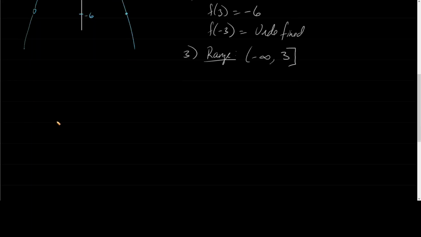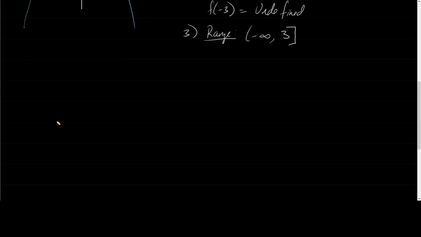Let's talk a little bit more about other aspects of a graph of a function. So let's talk about the vertical line test. And this is what the vertical line test says.